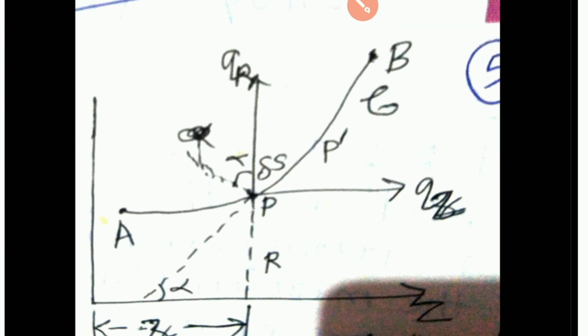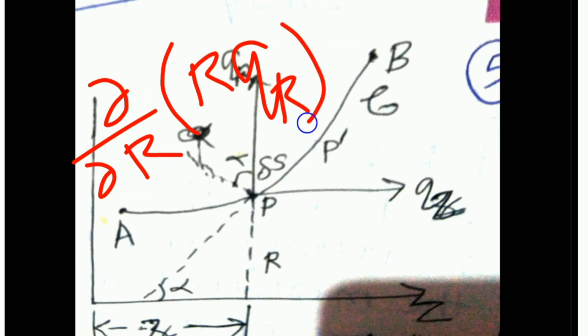Now put the values of qr and qz in equation first. What is the equation first? Equation first is dou by dou r of r qr plus dou by dou z of r qz is equal to 0. This is the equation first.